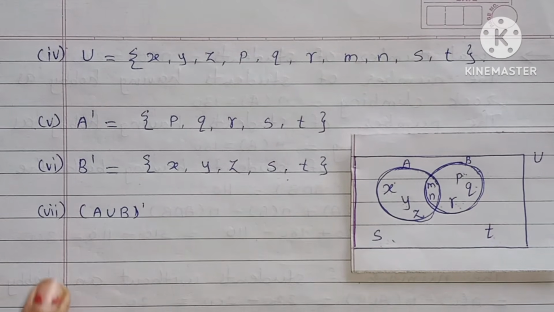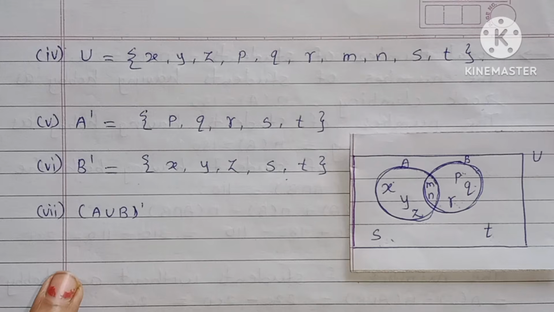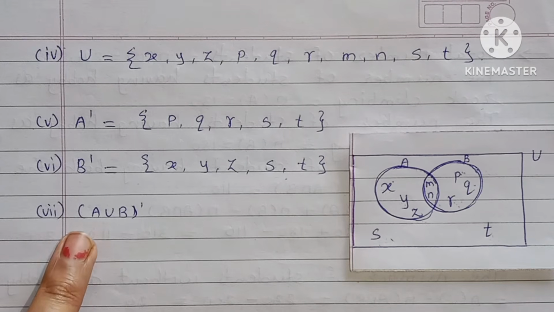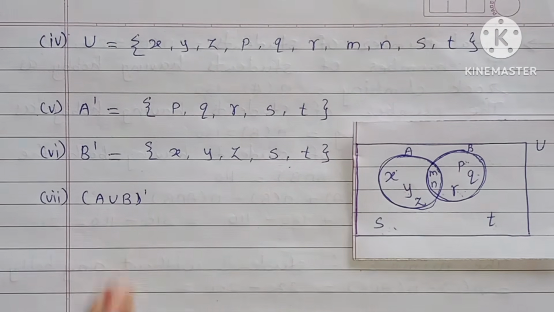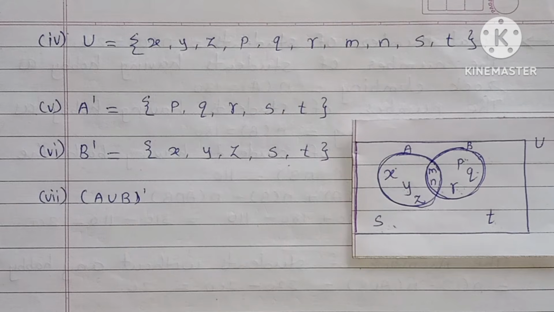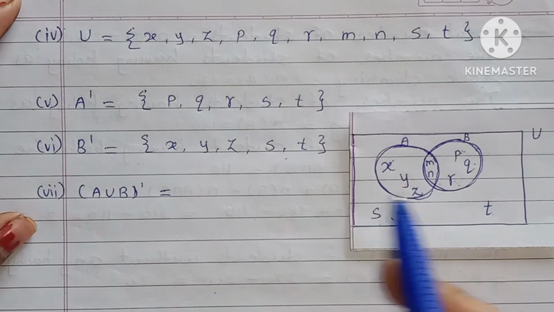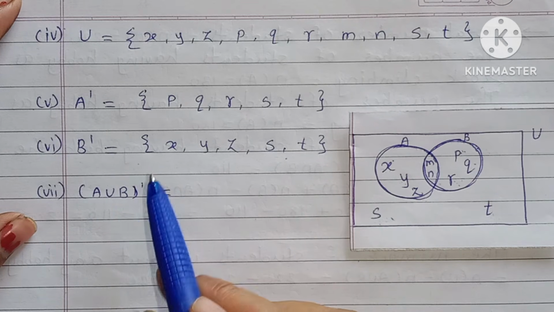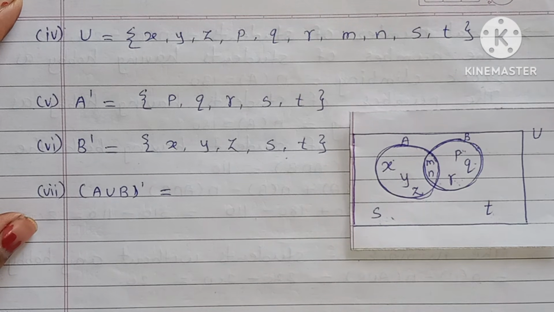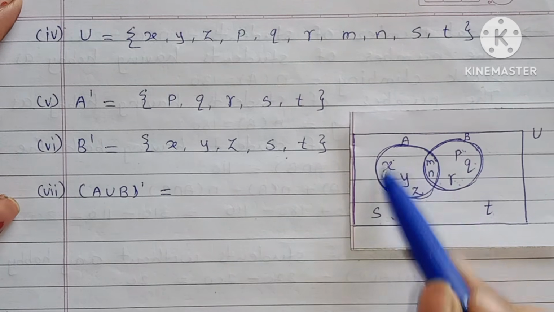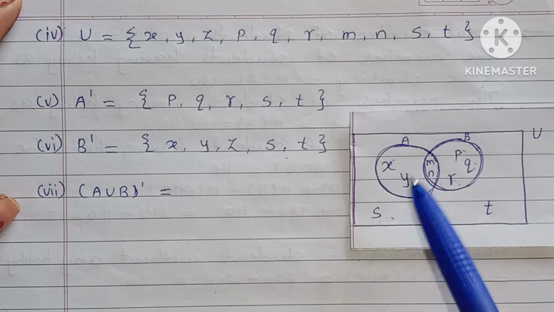And last, complement set of A union B. To write down the complement set of A union B. A union B's complement set means A और B में जो एलिमेंट्स नहीं हैं वो छोड़कर हमें दूसरे. Now see, A and B, which elements are there?